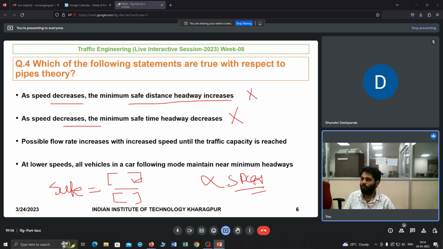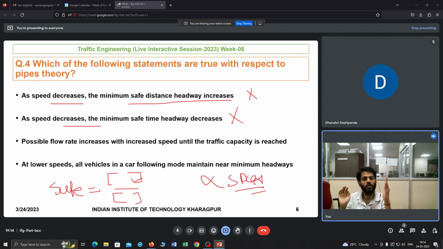Then, possible flow rate increases with increased speed until traffic capacity is reached. If you increase the speed of a traffic stream, obviously the flow rate increases, because more and more vehicles will flow through a particular location.